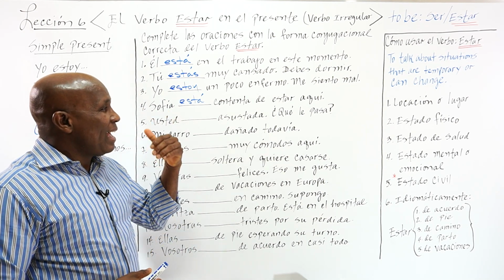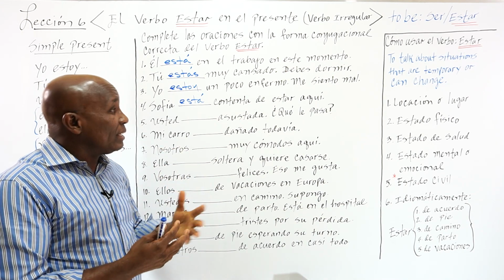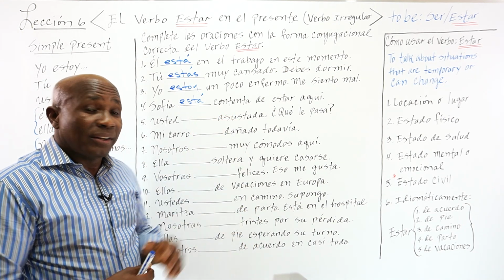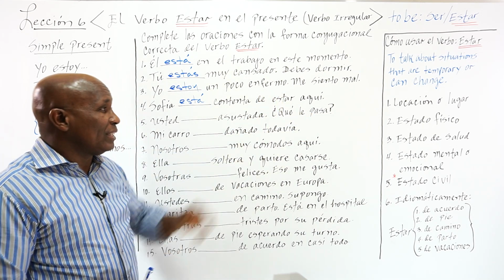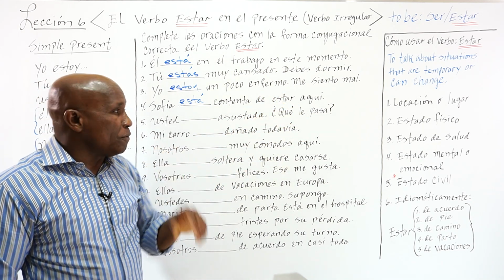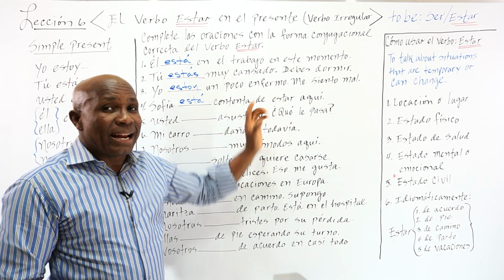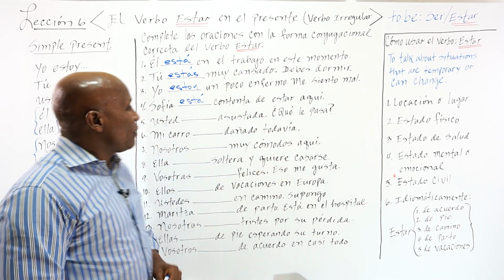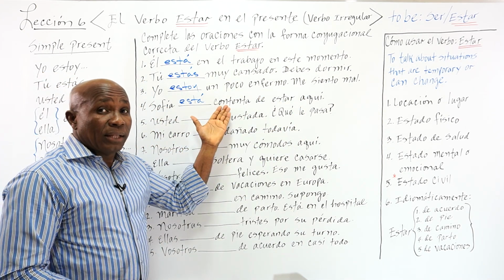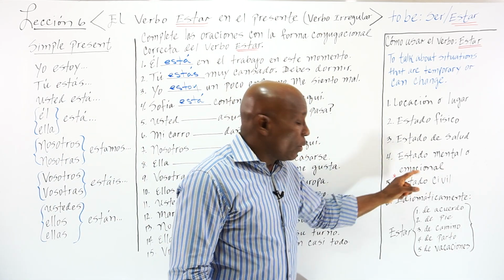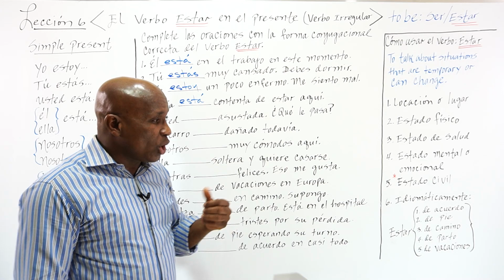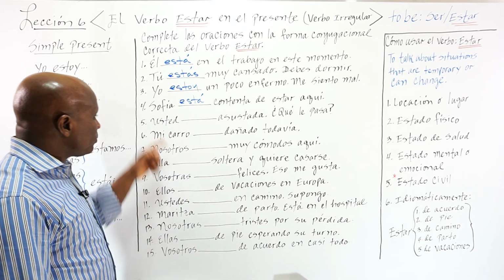Sofía is content or happy to be here. De estar aquí. Here we have the estar again, right? But in this case it is the infinitive form. Contenta de estar aquí, right? Here. Very good. So, what is that? Contenta is an emotional state, right? We use it for mental or emotional state. Está contenta de estar aquí.